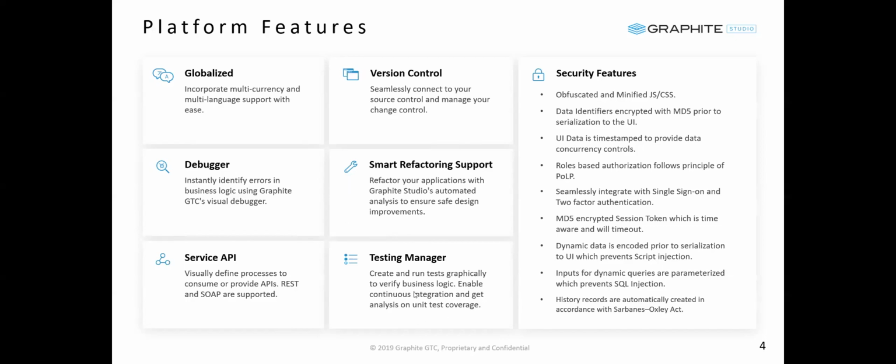Again, we'll take a look at that in one of the future webinars. But one of the main things about Graphite is that it generates all the security features needed to make perfect, highly secure web applications, without the developer worrying about it.